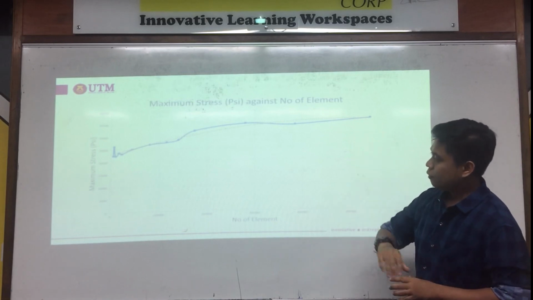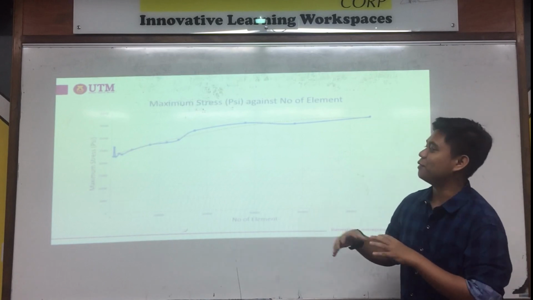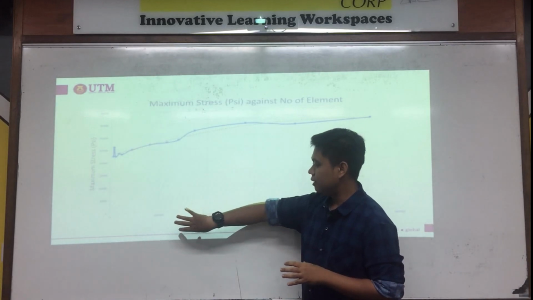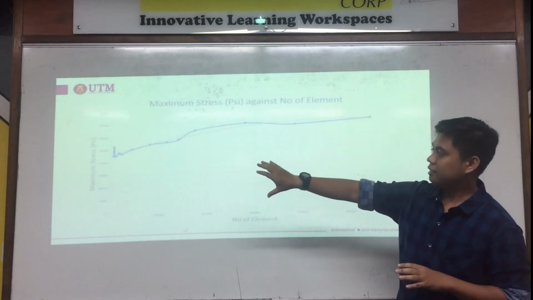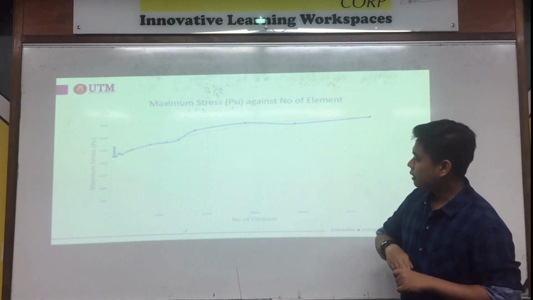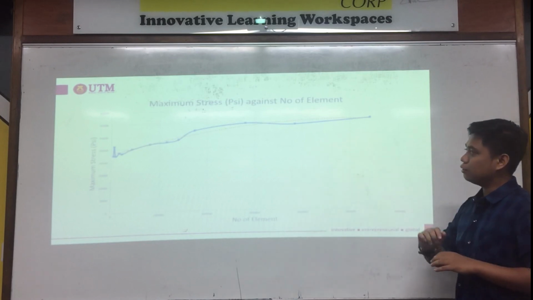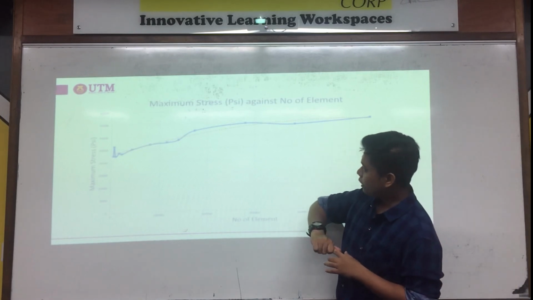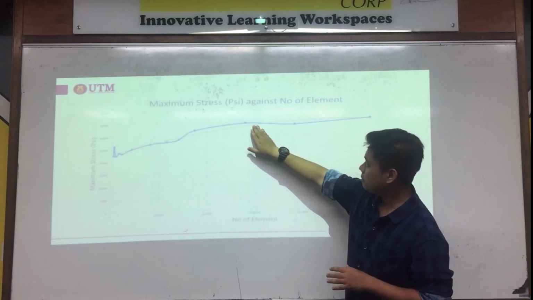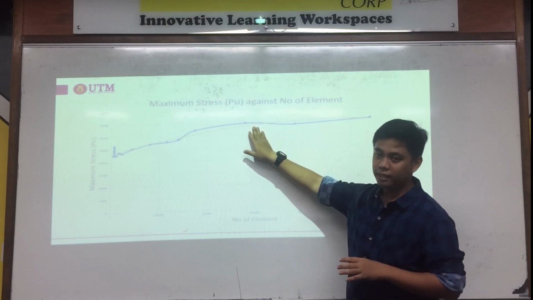So from this graph, we can infer that when the number of element is smaller, the data is not accurate and not steady. After some point, the data becomes a steady state line. So from this graph, we can say that 300,000 is the optimum number of element for us to get the accurate data.